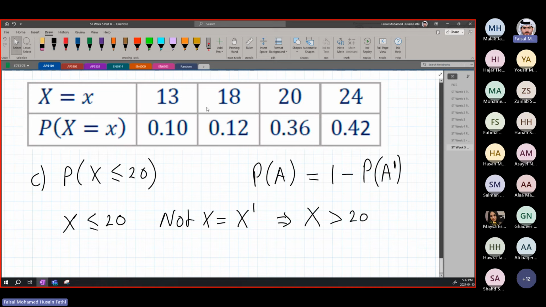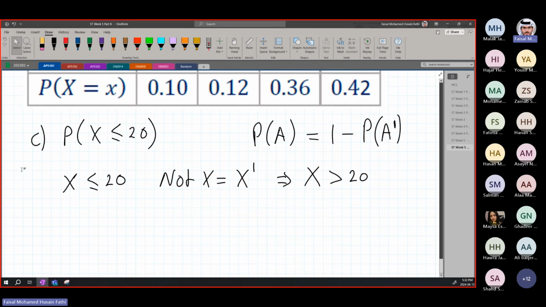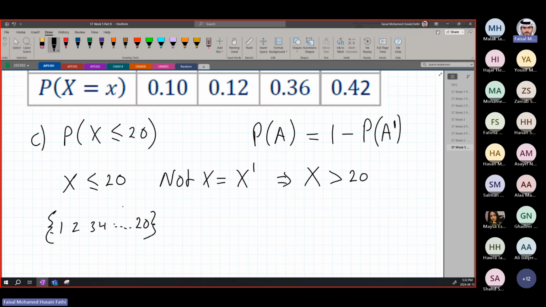Right? Because the values that we have for x less than or equal to 20, if we're looking at the set, it is 1, 2, 3, 4, 5, all the way up to 20. All right, and minus 1 as well, and all the way to negative infinity. If we're looking at this set, it starts from 21, not from 20, because it's not equal to 20. So it's 21, 22, 23, all the way to infinity.